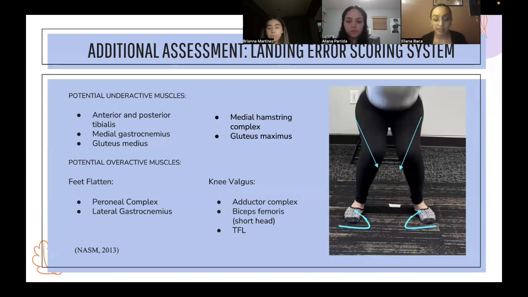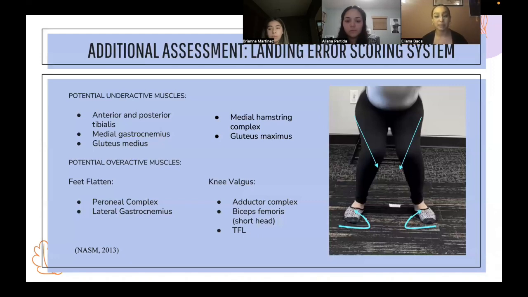In this example, there's excessive knee valgus, which can indicate, again, a lot of weakness in muscles such as the anterior tibialis, glute med, and glute max, and overall the hamstring complex. Here again, you're going to be looking at the feet as well.